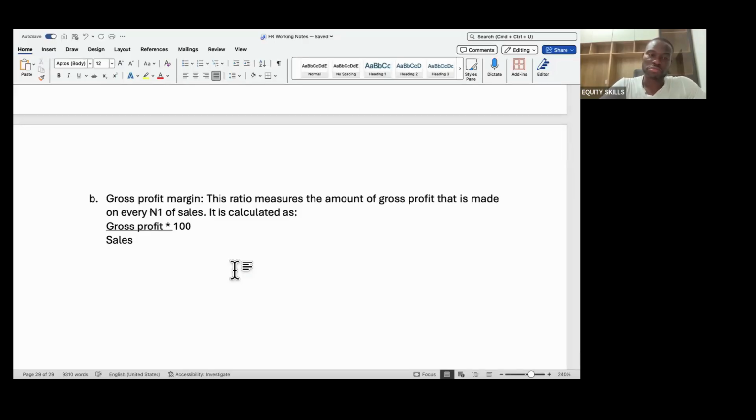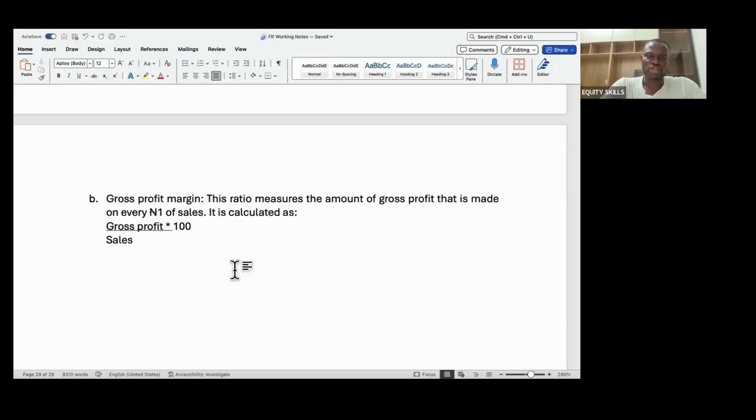And again, from an analysis perspective, what makes this ratio even better is if a company is able to manage its cost of sales, because the lower your cost of sales, the higher your profit. But for your level, interpretation is minimal.